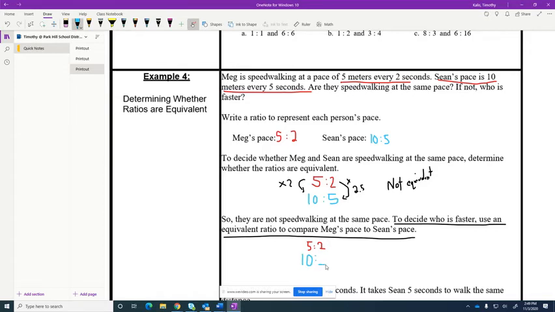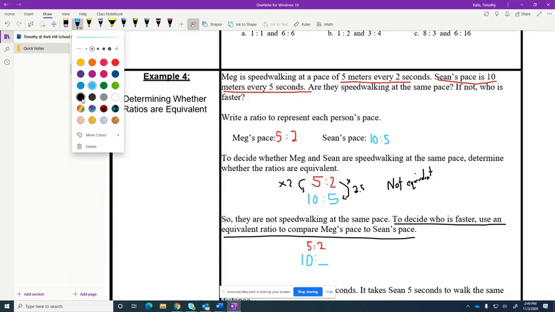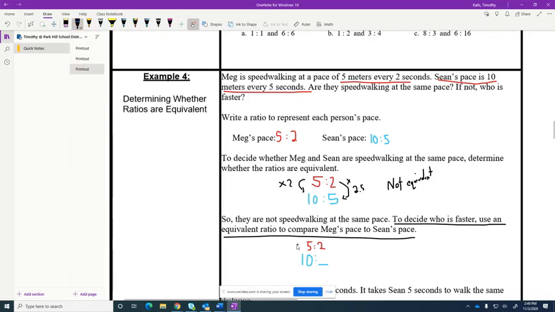And then we're going to fill in the time. So we know to go from 5 to 10, we multiply by 2. And so now we're going to take the 2, and multiply it by 2. And so we get 10 to 4.